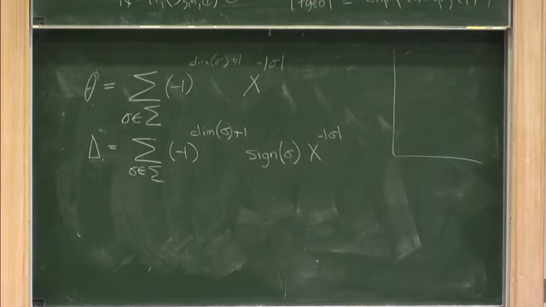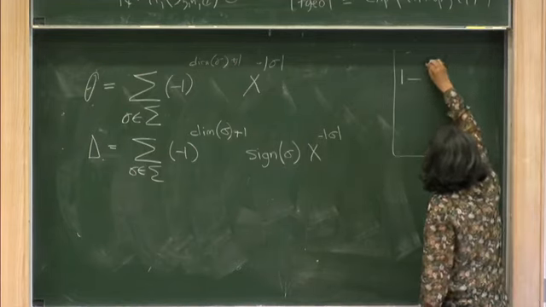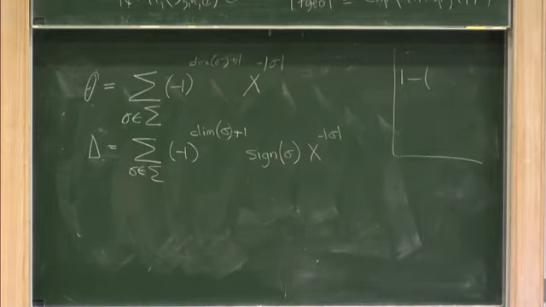So again, what you do is you have 1 minus, and then you have 2 pluses and 2 minuses, so they cancel, right?